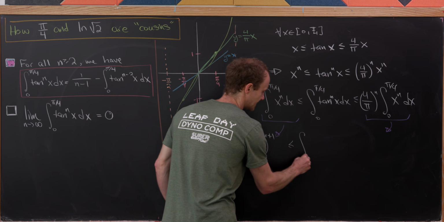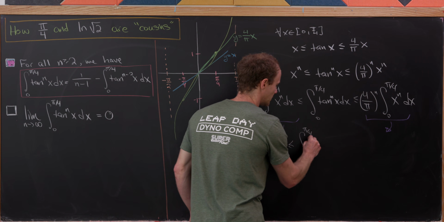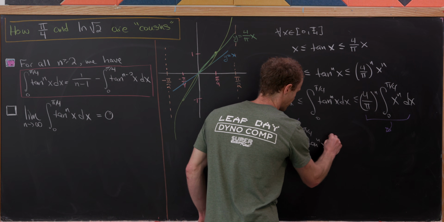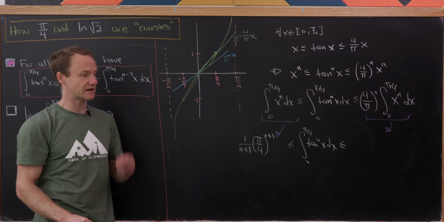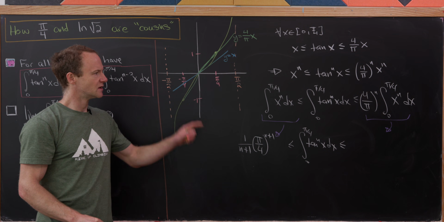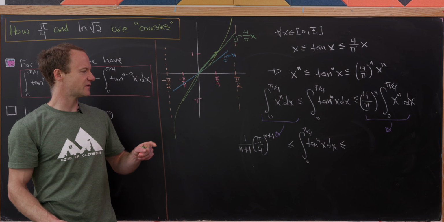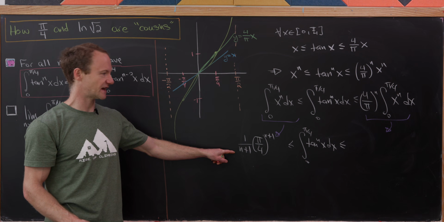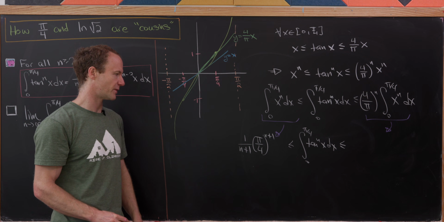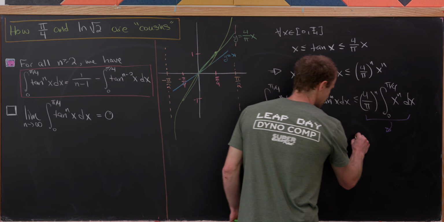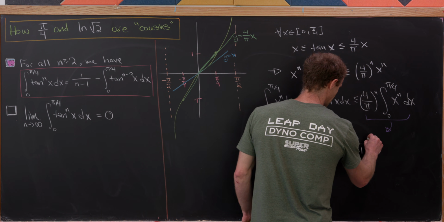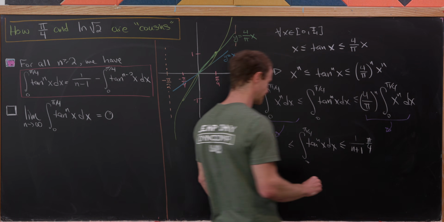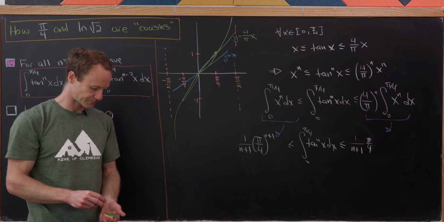So that's going to be less than or equal to our goal integral, which in turn is less than or equal to what we get from this last bit. Notice that it's essentially the same thing as over here on the left-hand side, just multiplied by (4 over pi) to the n. So that's going to leave us with 1 over n plus 1, and then a pi over 4, because a bunch of that stuff cancels.